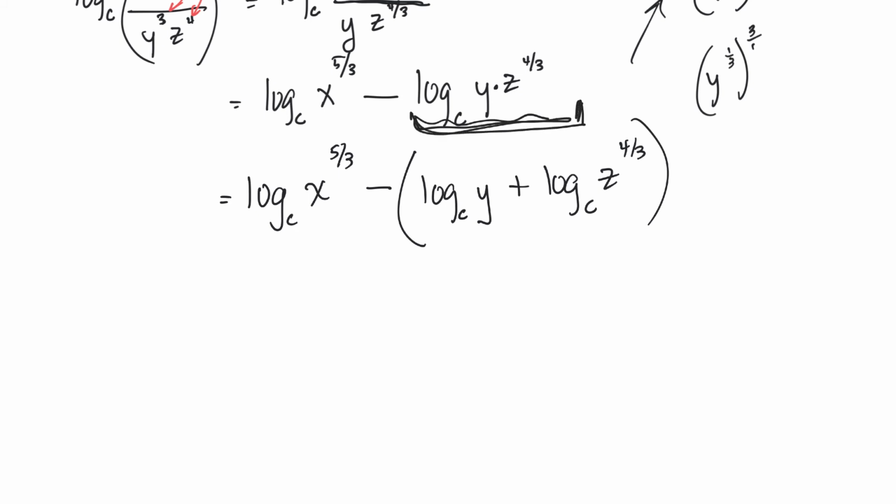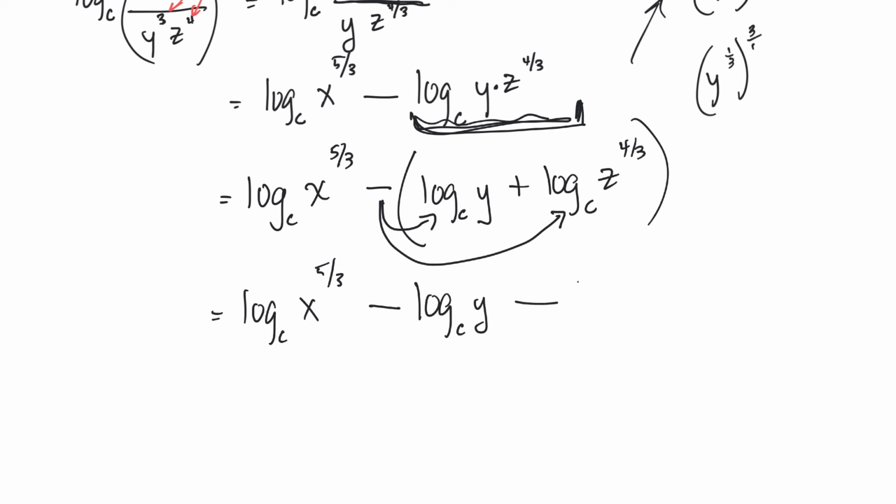So you have to be careful because that's a dirty negative. This negative will apply to this term and to this term. So if I rewrite it, log base c of x to the 5/3 minus log base c of y minus log base c of z to the 4/3.